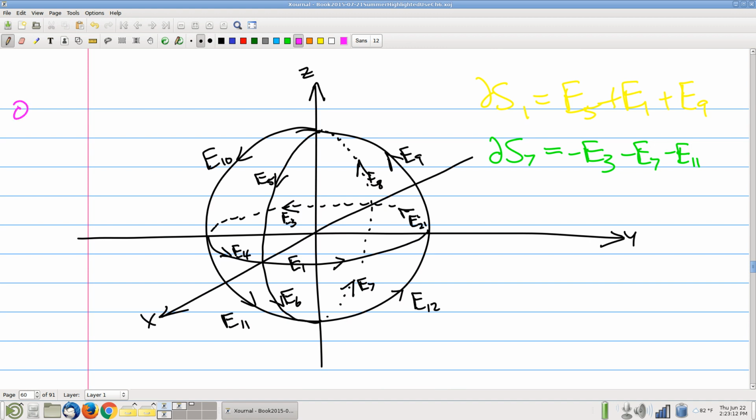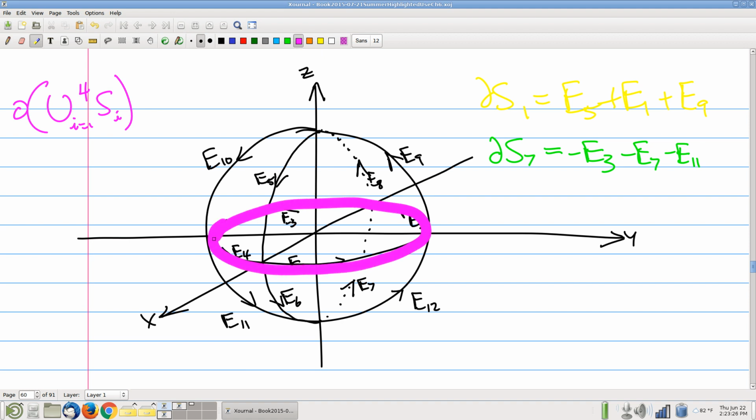So if I look at the union, i goes from 1 to 4, that union is that entire upper hemisphere. The boundary of that upper hemisphere is just this. Now, let's think about orientations.